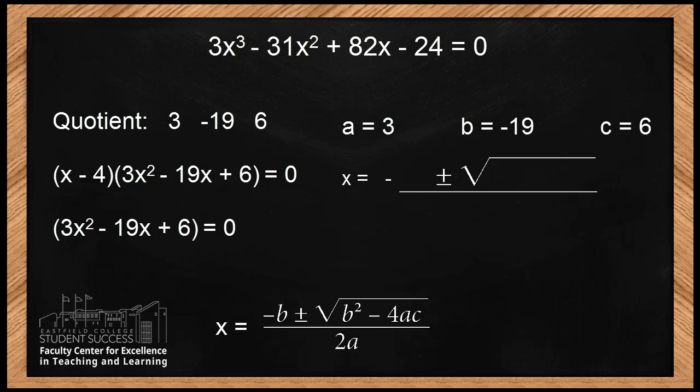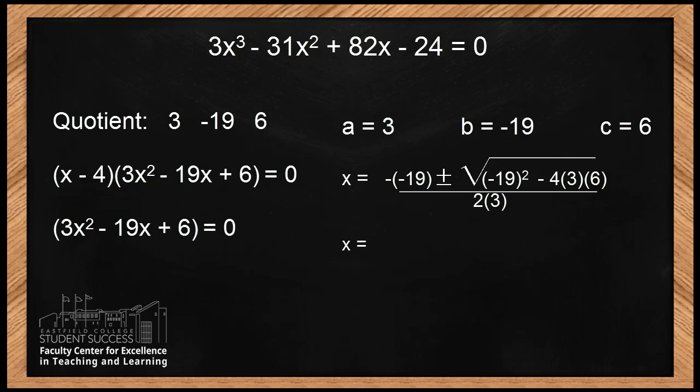I'd like to use the quadratic formula. x equals negative, remember the b was also negative 19, plus or minus square root of b squared, negative 19 squared, minus 4 times a, that's 3, and times c, 6. We will divide everything by 2 times 3. Remember, 3 was a.